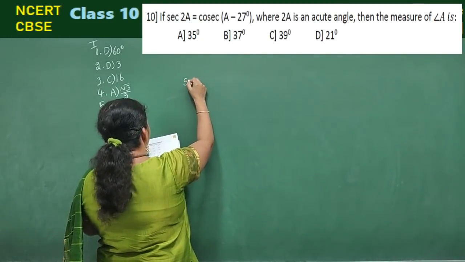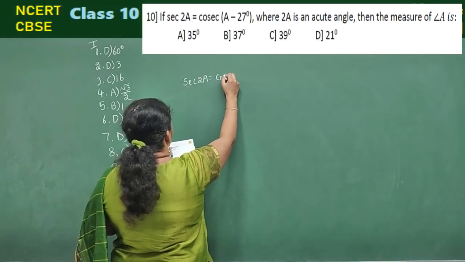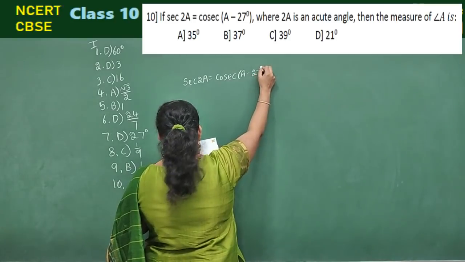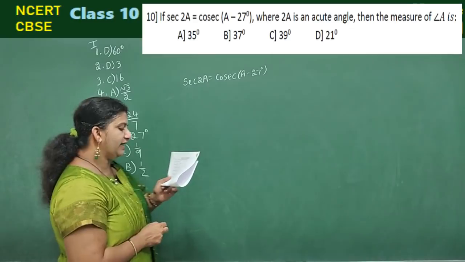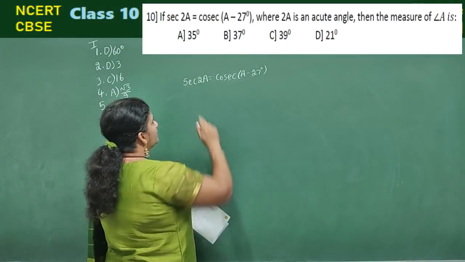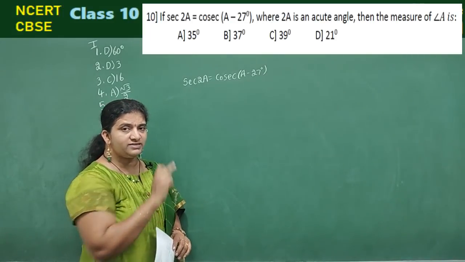Given secant 2A is equal to cosecant A minus 27 degree, where 2A is an acute angle, then the measure of angle A is, okay, 2A is an acute angle. So, secant 2A, how can you write? Do you remember complementary angles?